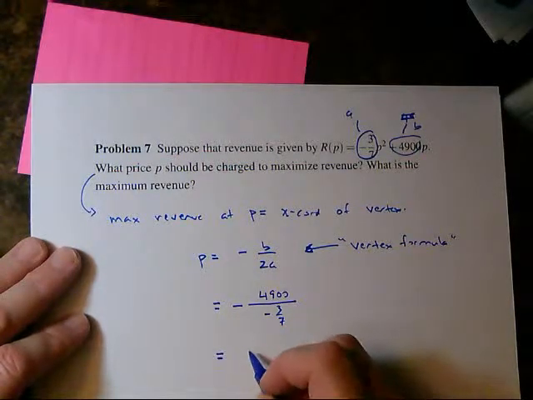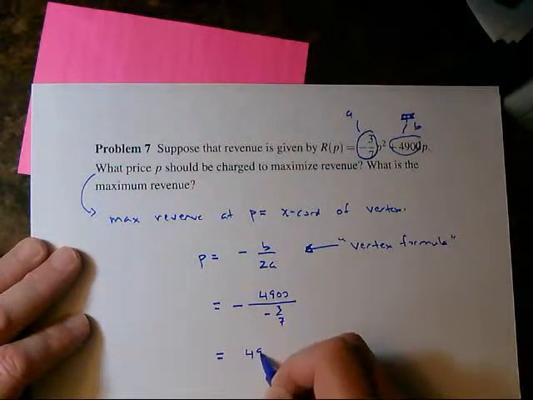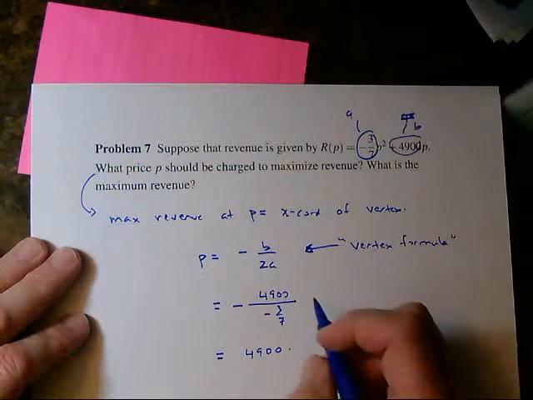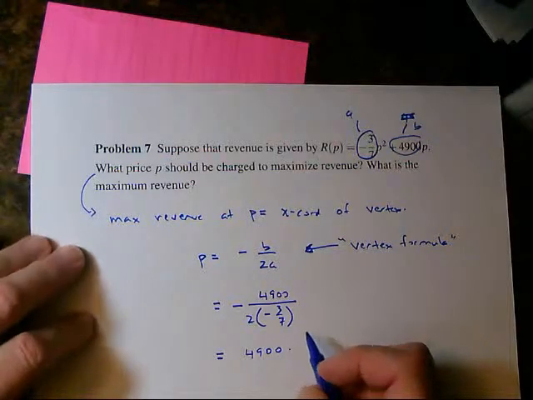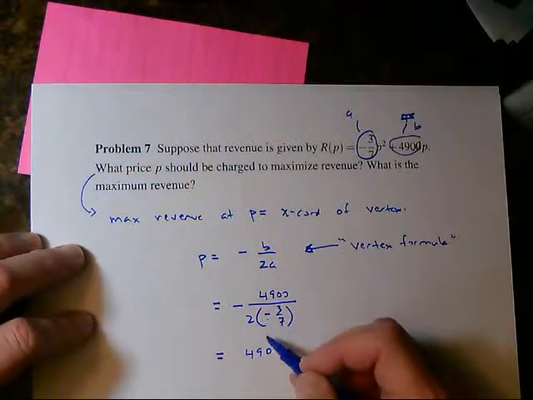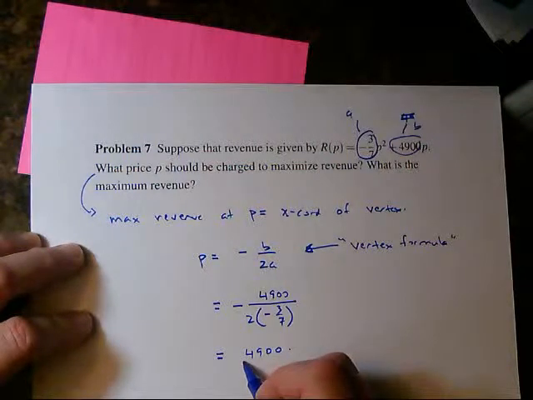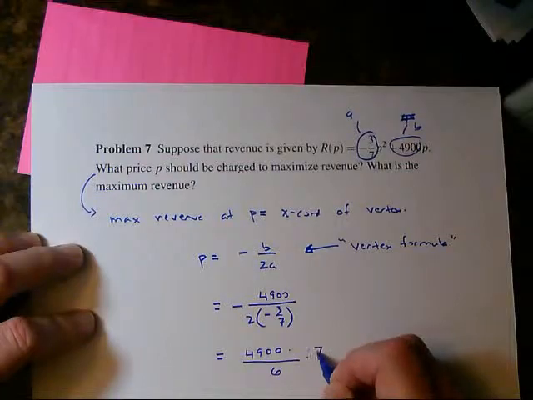If I rewrite that a little bit, a negative divided by a negative is a positive. I will get 4900 times, I need to have a 2 in there too. So it's still positive. I've got a 6 over a 7, so that would be the same thing as dividing by a 6 and multiplying by a 7.